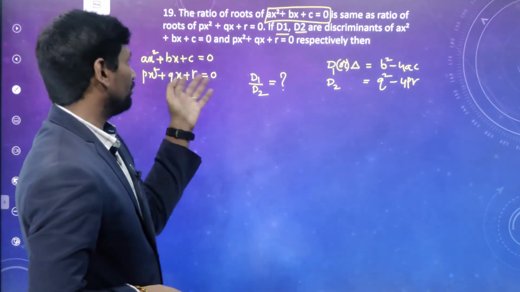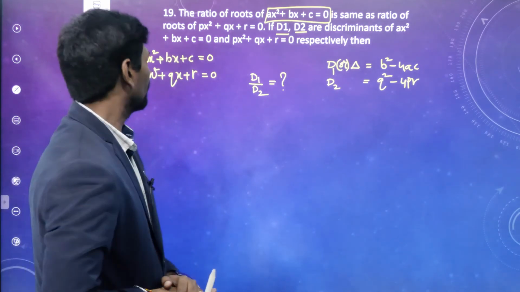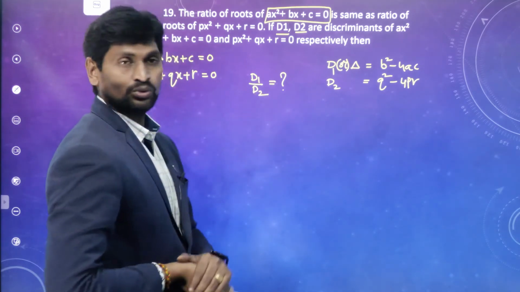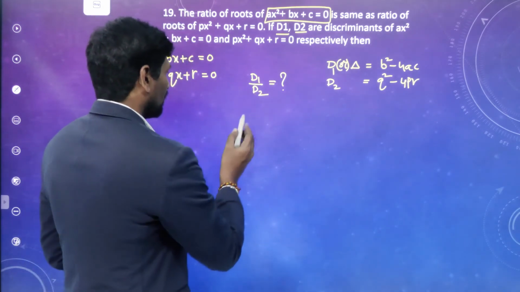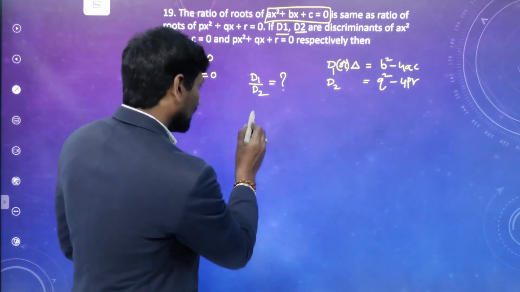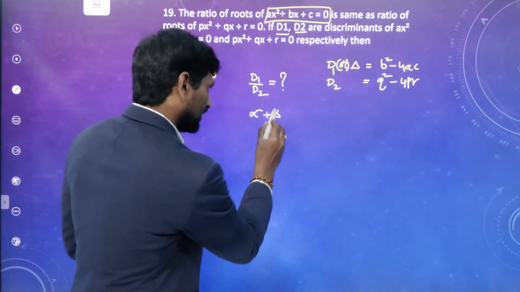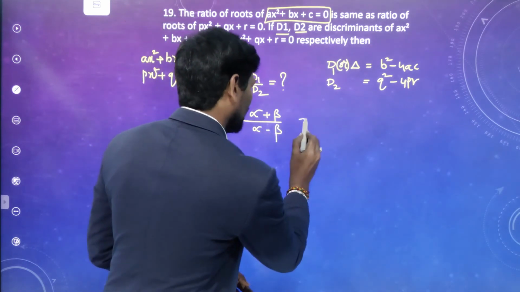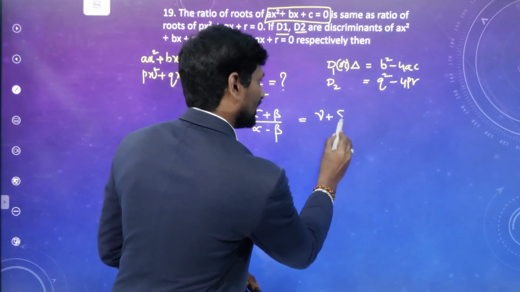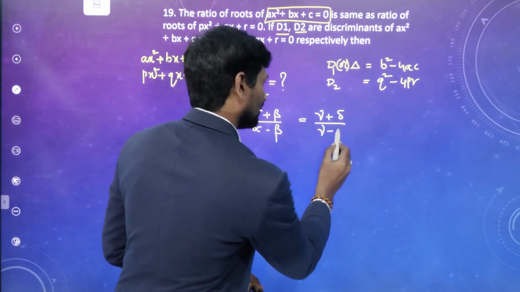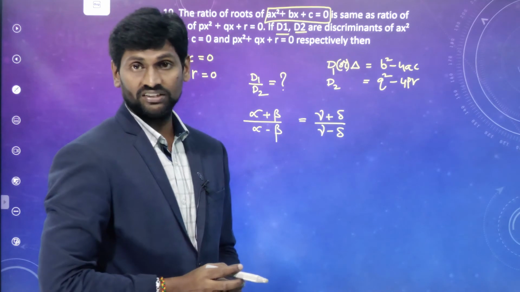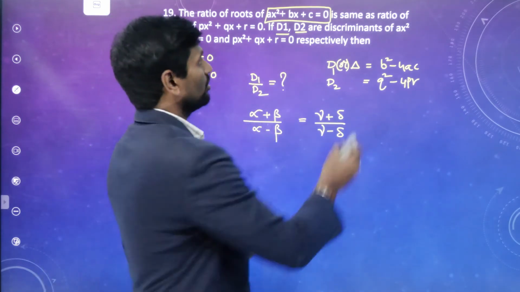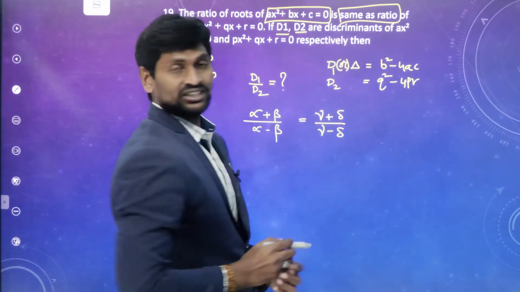Now, if alpha, beta are roots and gamma, delta are roots of the second one, I can apply the componendo and dividendo rule: alpha plus beta by alpha minus beta equals gamma plus delta by gamma minus delta. It will give like this, because it is already given that the roots are in the same ratio.